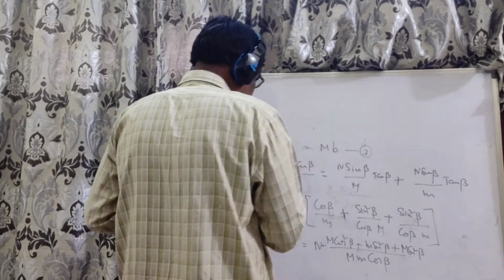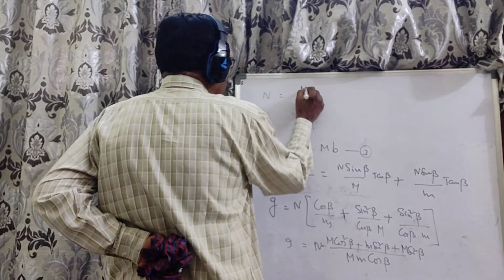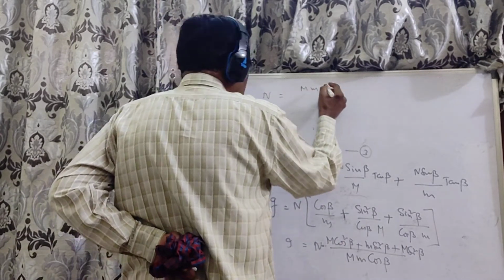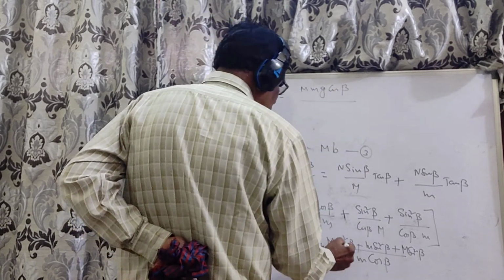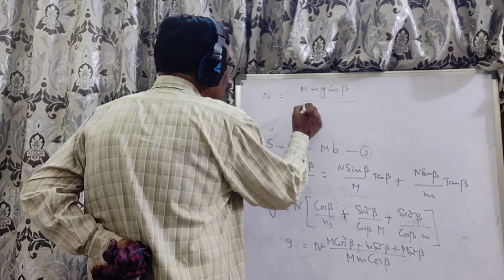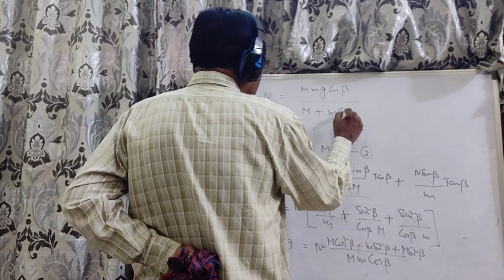Therefore, N is equal to mM g cos beta by (M cos square plus M sin square, that is) M plus m sin square beta.